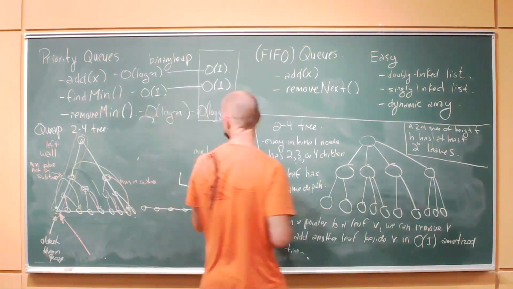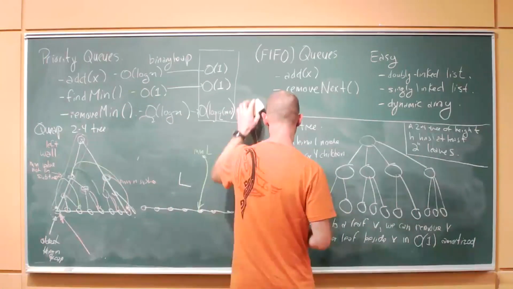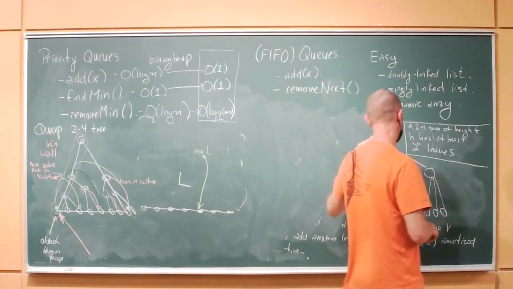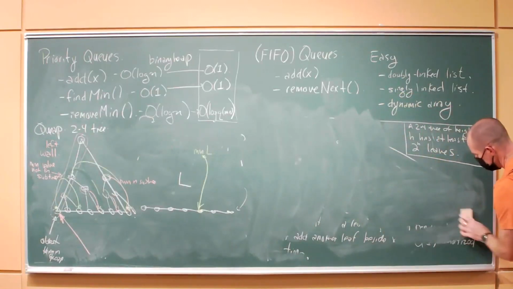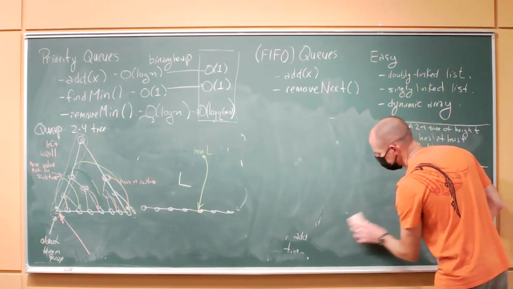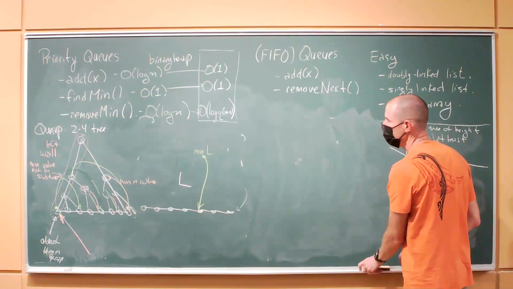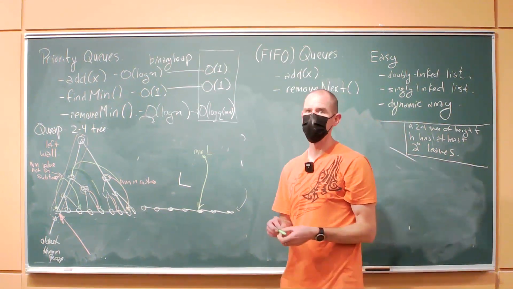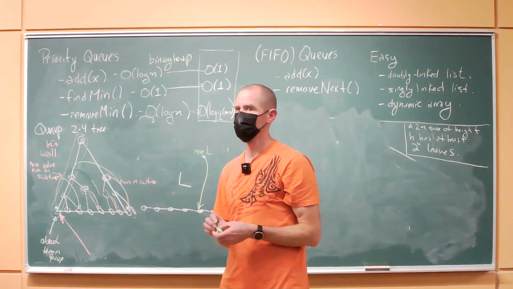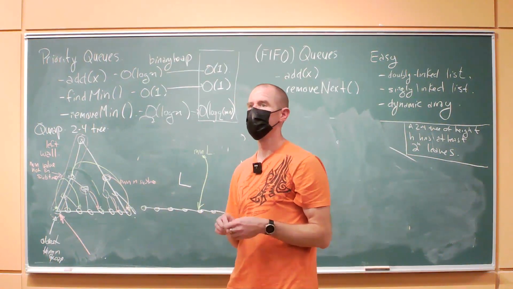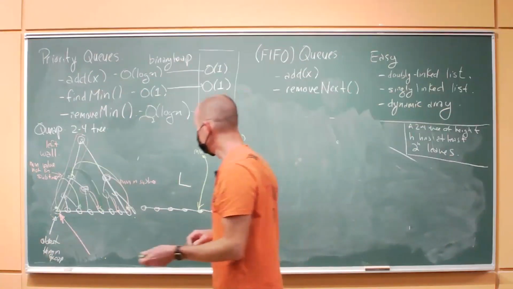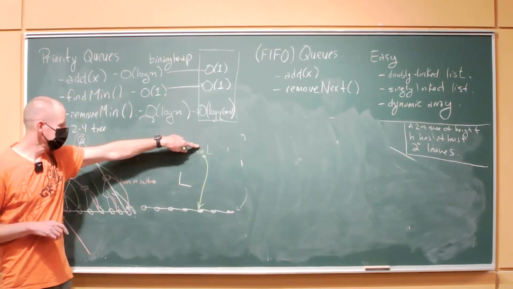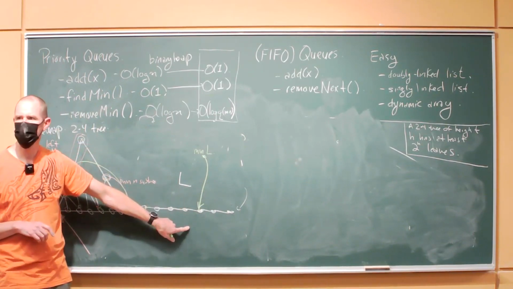So we have these three operations we want to do. Maybe the first one, as always, should be find min. So how do we find the min? We just follow the min pointer. This min pointer tells us the minimum value in the list.